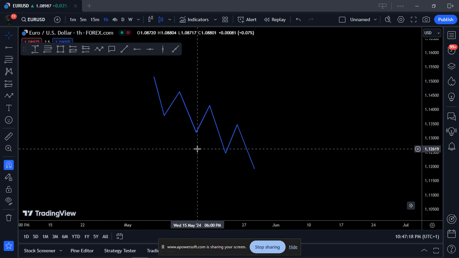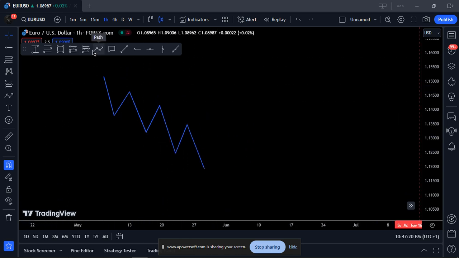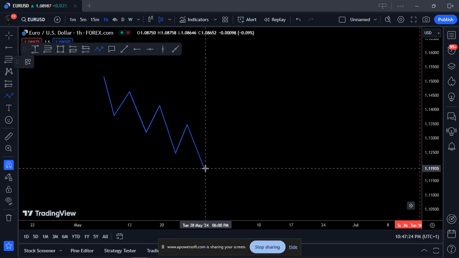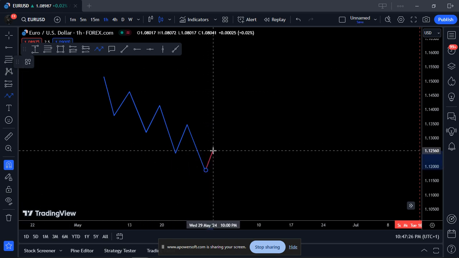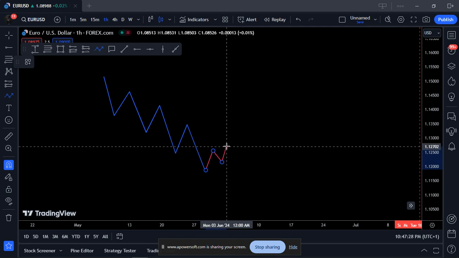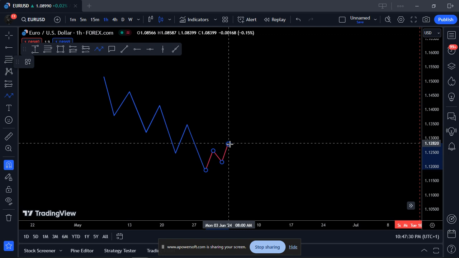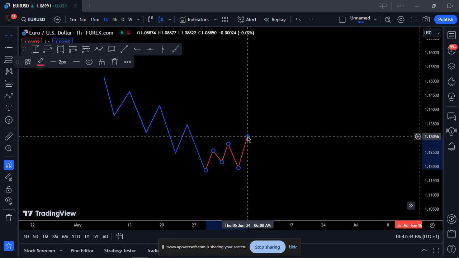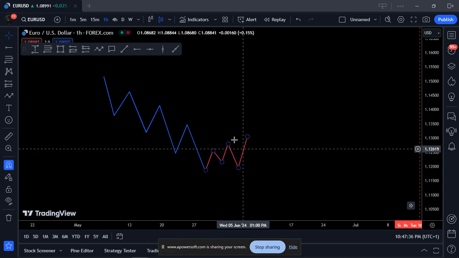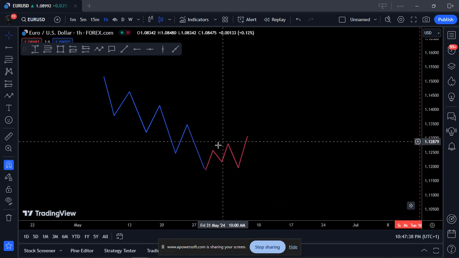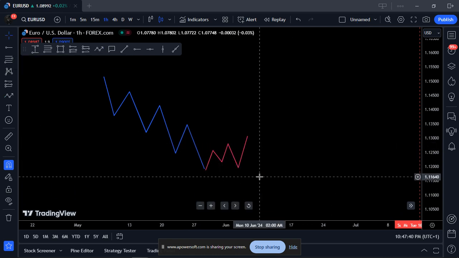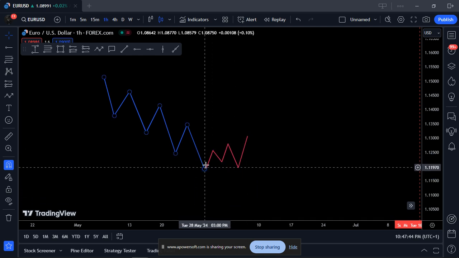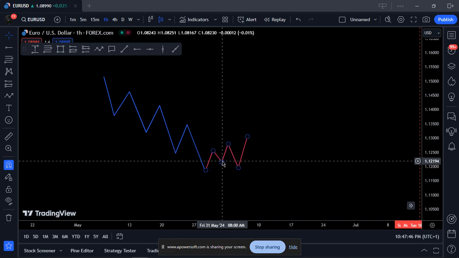For example, let's say phase one comes like this. You see, it has created liquidity. Now it has taken the liquidity and it has closed. Normally, this pink line here is a complete inducement entry. But what we're saying now is no. It is complete in the sense that it created a higher high, lower low, higher high.